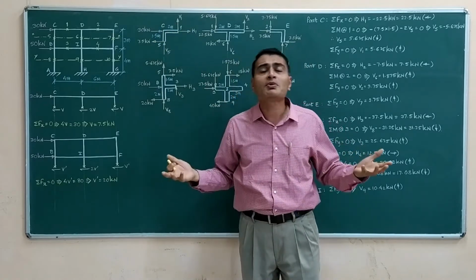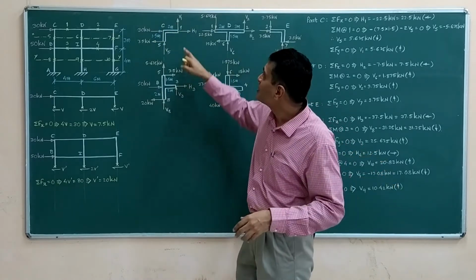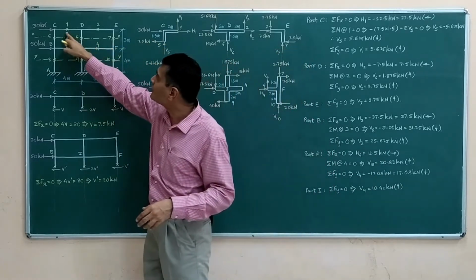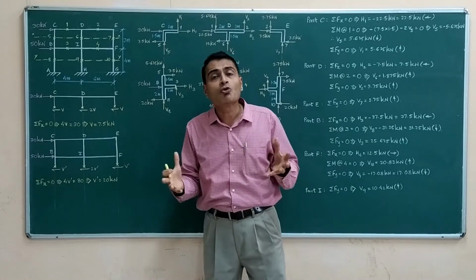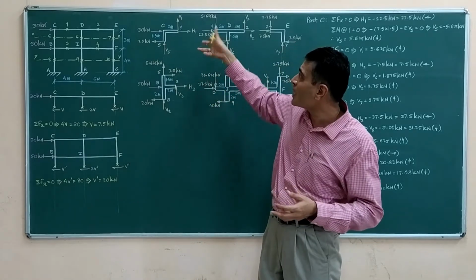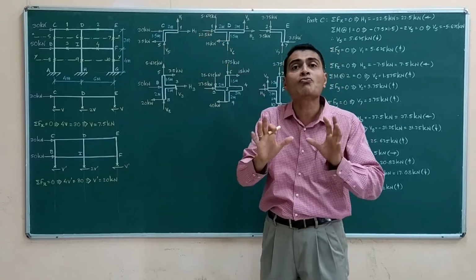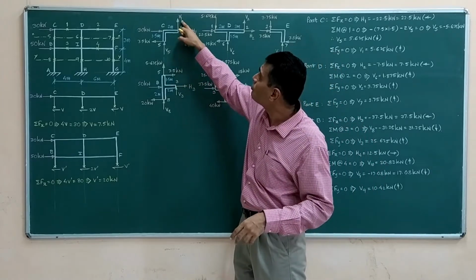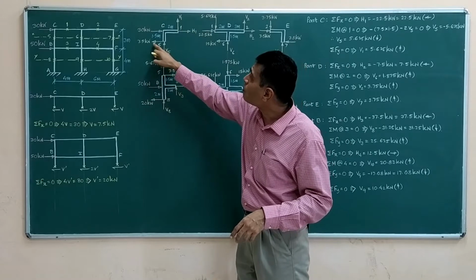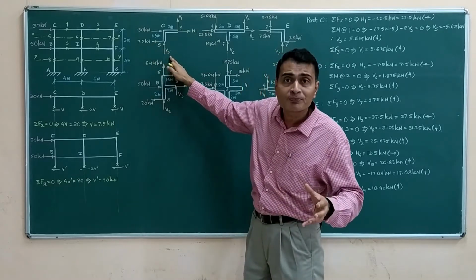What forces should I be showing on this L shape? Since 1 is also point of inflection, 5 is also point of inflection, bending moment there is 0, that means there is no M of 1 and there is no M of 5. There is only going to be H of 1, V of 1, H of 5, V of 5.